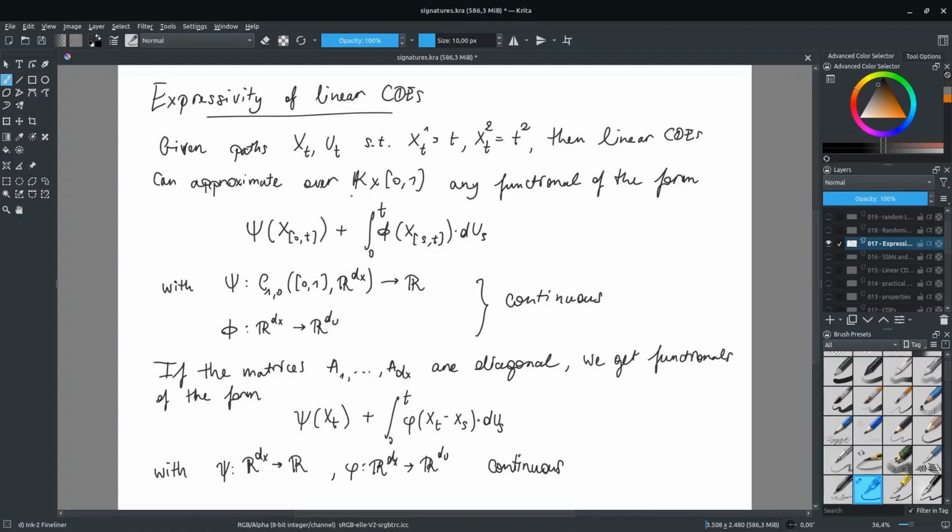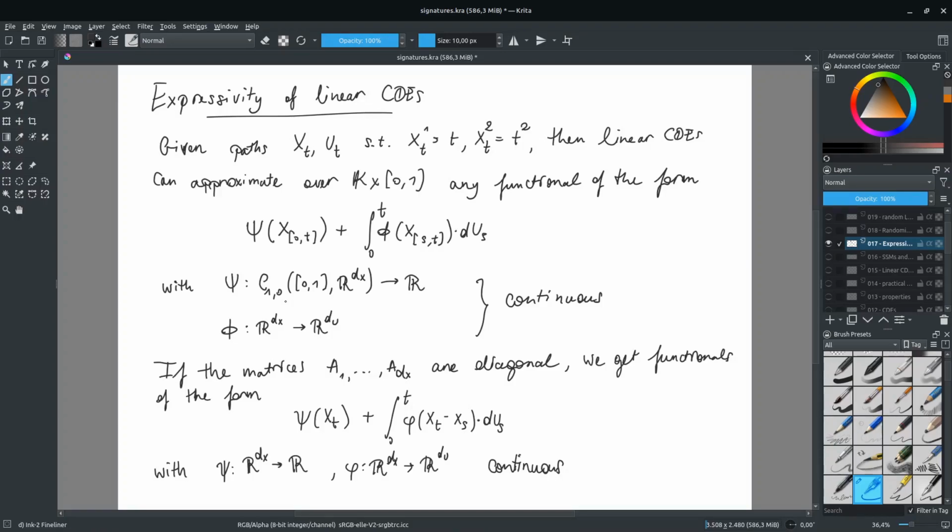K is a compact subset of the whole space. You don't really need to care about compact; it's just a necessary requirement to be able to approximate it. These are the kind of functions that we can approximate. It's fairly general, right? You get a full continuous function of your path, and then just an integral along your path. So you can do quite a lot with this.